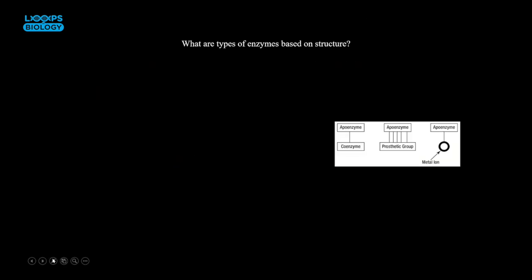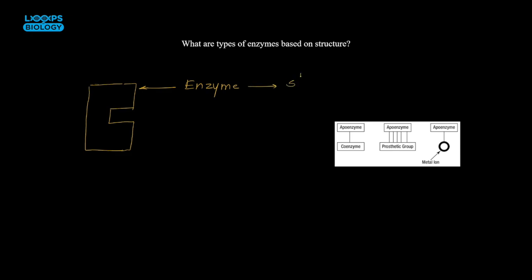Now, what are the types of enzyme based on structure? If I consider this structure as my enzyme, this enzyme has to be in active form. Whenever the enzyme is in active form, and only then, is it going to show its activity, right?